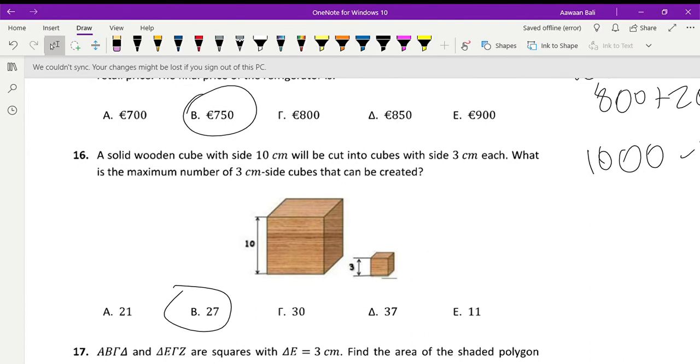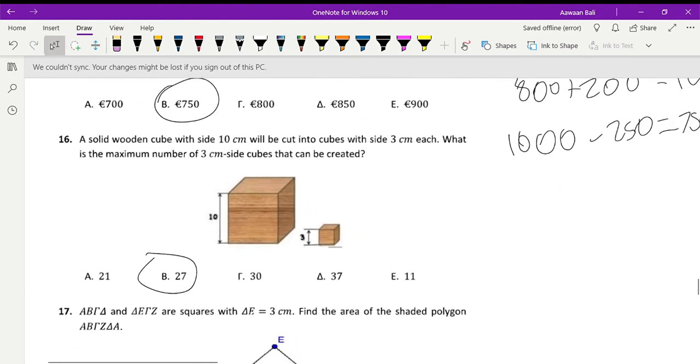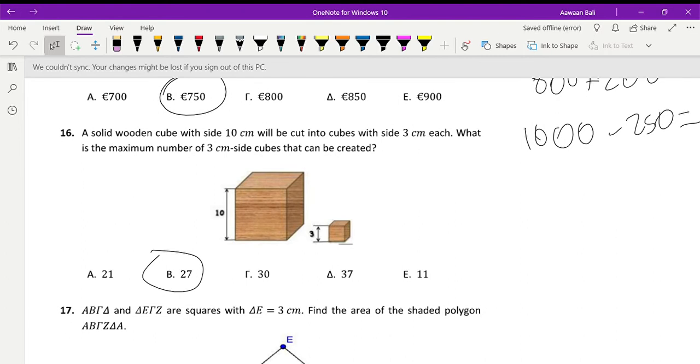Now, a solid wooden cube with side 10 centimeters will be cut into cubes with side 3 centimeters each. What is the maximum number of 3 centimeter side cubes that can be created? Okay, so if they're 3 centimeter side cubes, basically we can do the nearest multiple of 3 to 10. 3 times 3 is 9, which means there's 3 cubes that can be cut from the edge of the cube.